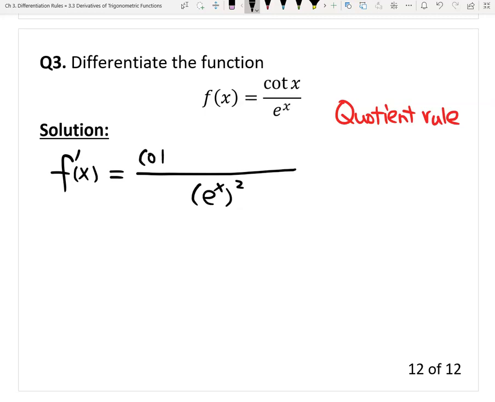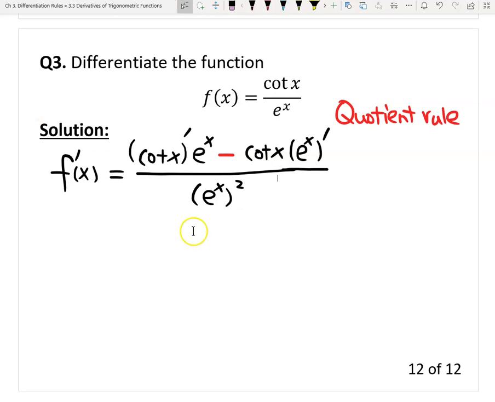The first, cotangent x, take a derivative times the bottom, right? And then I just use another two. Okay, remember this is negative. Don't forget. And the top function times what? The bottom function, take a derivative. Do you remember this? That's the quotient rule.